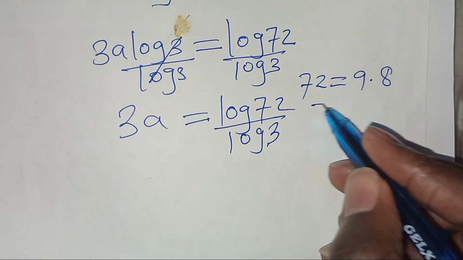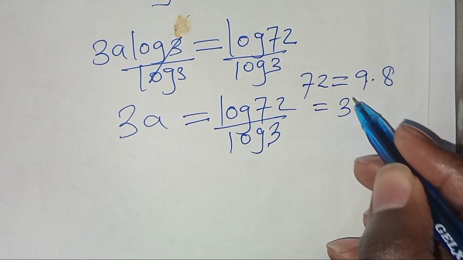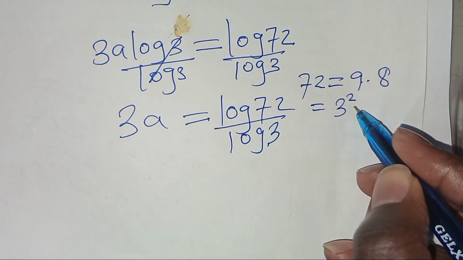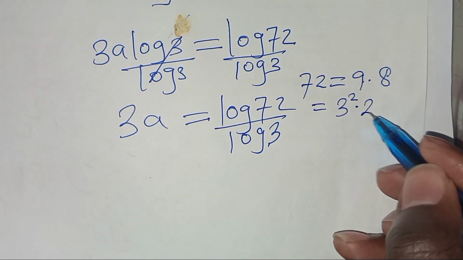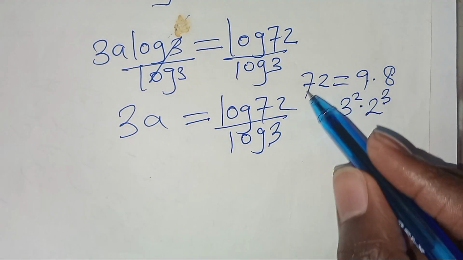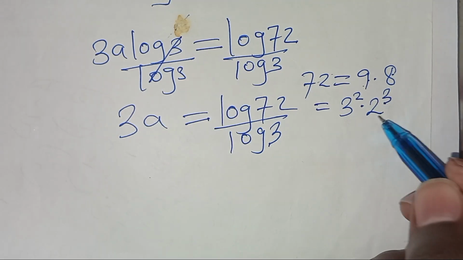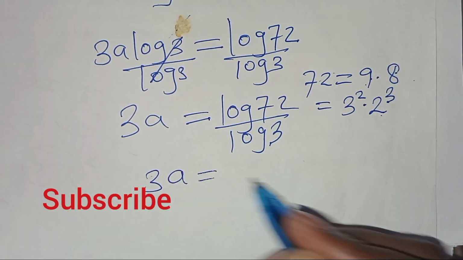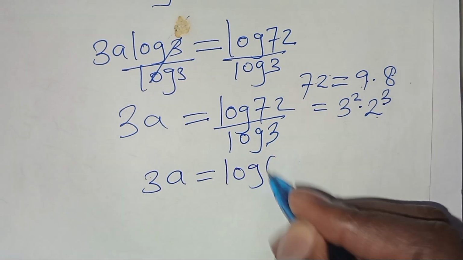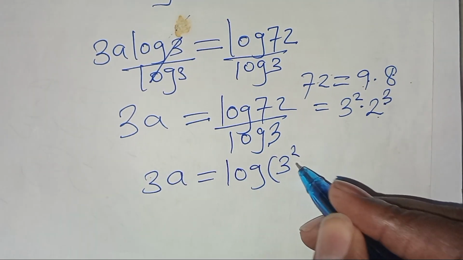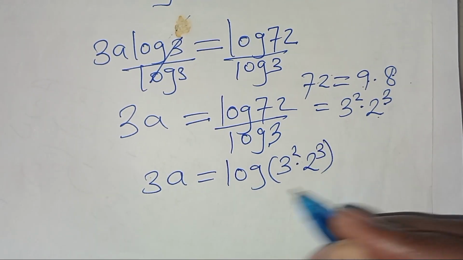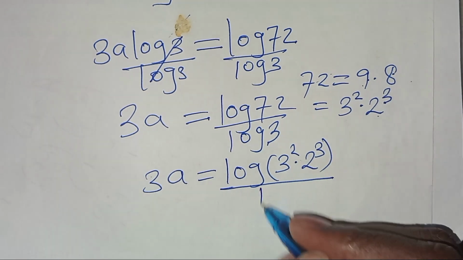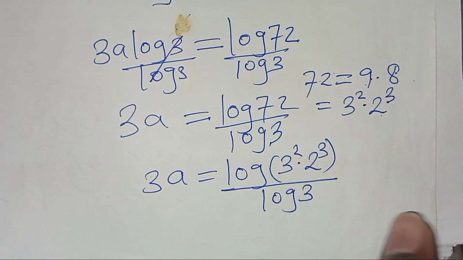We can express 9 as 3 to power 2, and 8 as 2 to power 3. So 72 is the same thing as 3 to power 2 times 2 to power 3. Let's substitute this: 3a is equal to log of 3 to power 2 times 2 to power 3, divided by log 3.